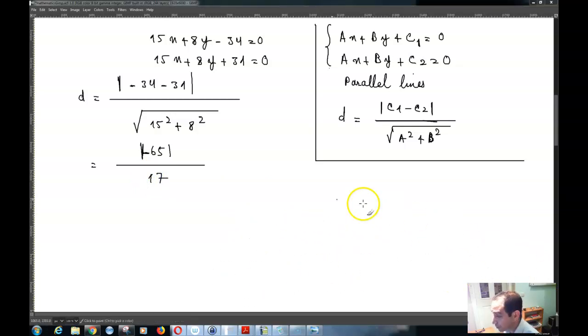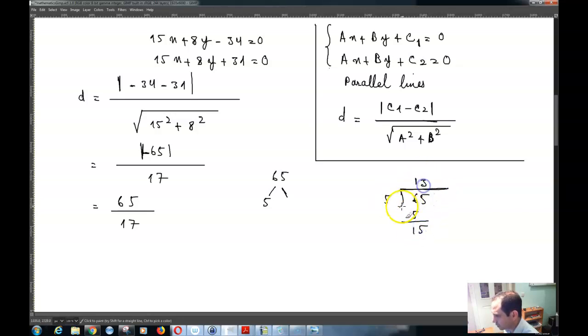then you have basically 65. The absolute value of negative 65 is positive 65 over 17. And that's the same thing as, well, 65, divide that by 5, you will get 13.